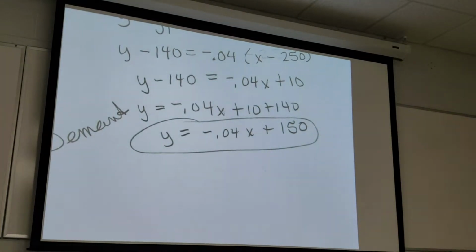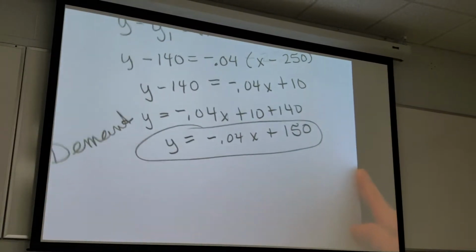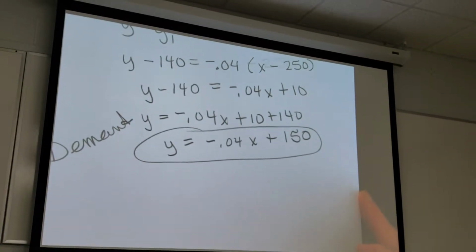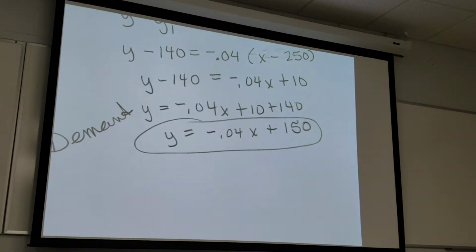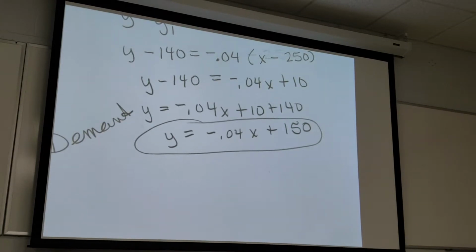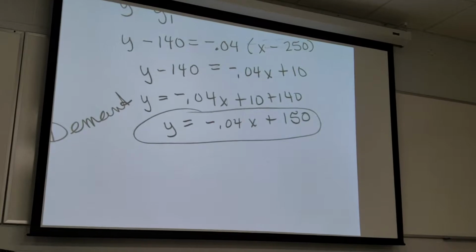My supply, well, I will bring this back. My supply says, the suppliers will market 750 espresso markers if the unit price is $60 or lower.